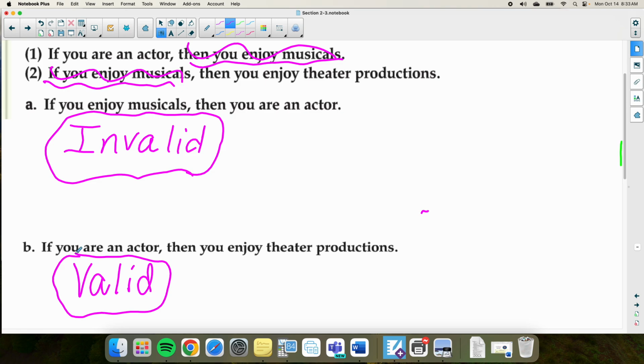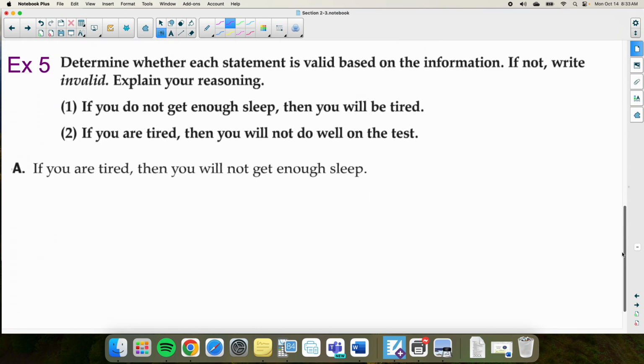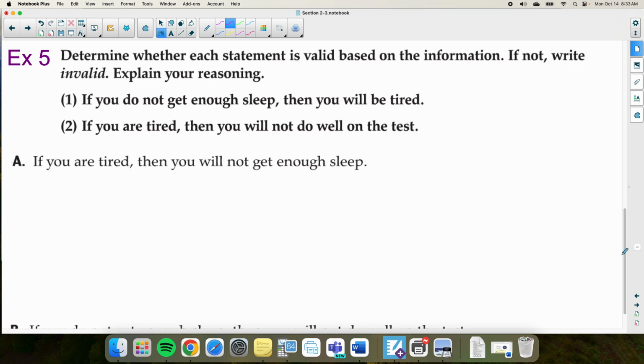Okay. Now let's go down here. Same thing. It says, if you do not get enough sleep, then you will be tired. If you are tired, then you will not do well on the test. Is A or B the correct one?